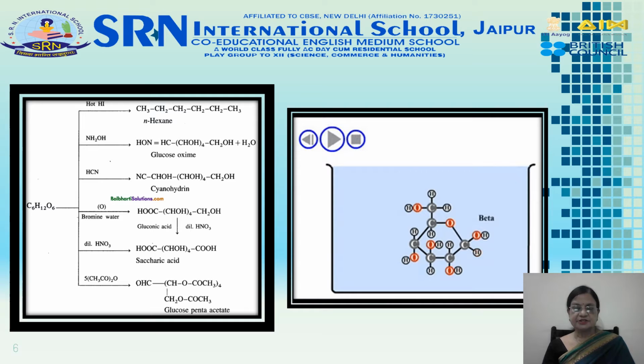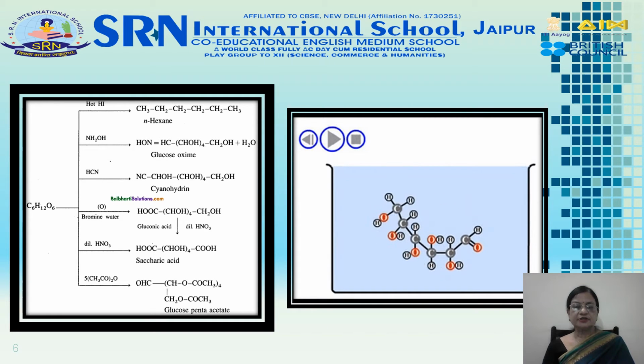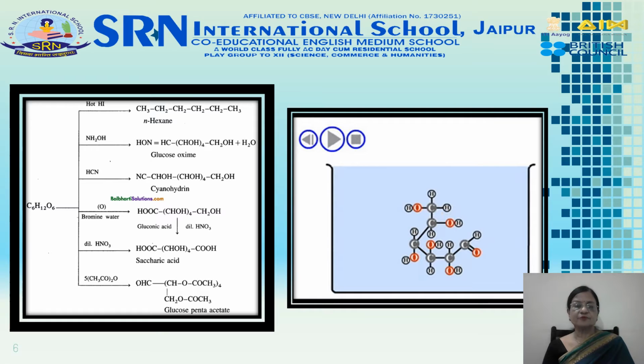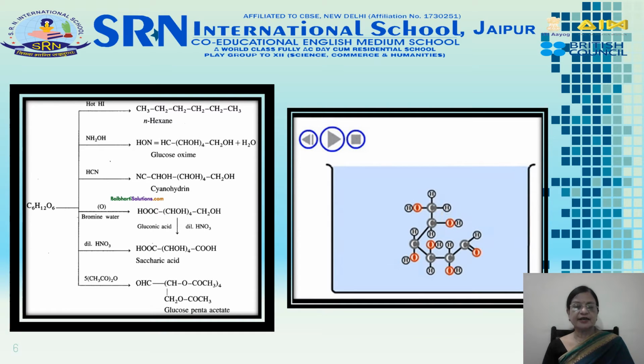The third reaction is that when glucose is reacted with bromine water, it gets oxidized and forms gluconic acid. This gluconic acid has a COOH group at carbon 1, showing that glucose has an aldehyde group at carbon 1. Similarly, glucose also reacts with dilute HNO3, a strong oxidizing agent, which forms saccharic acid.